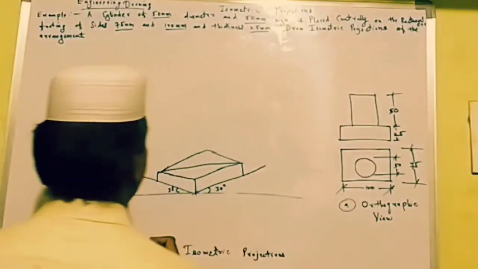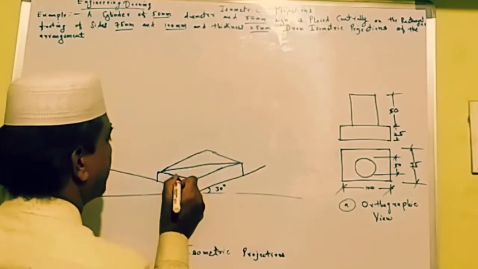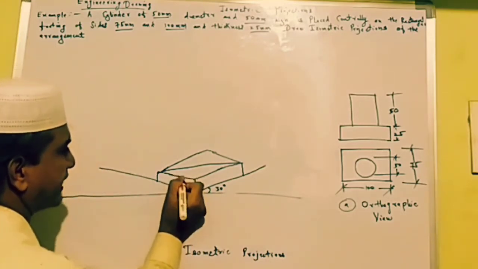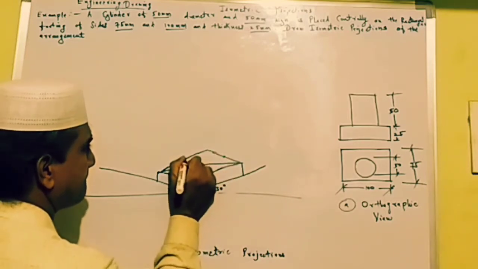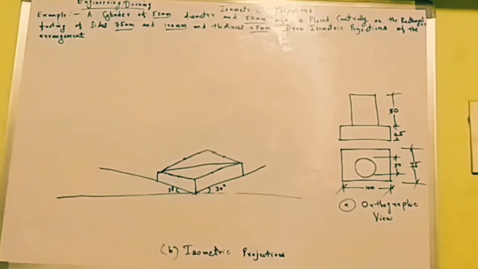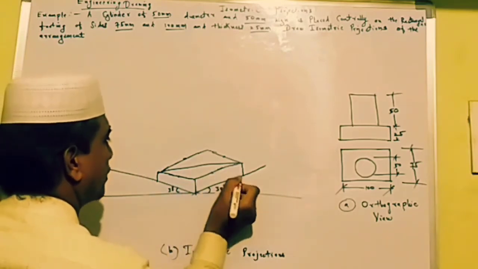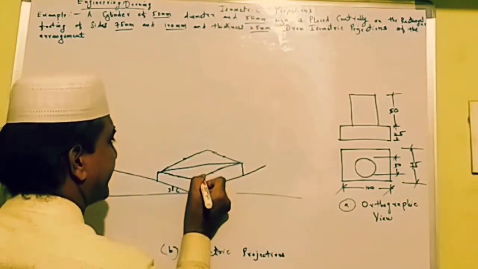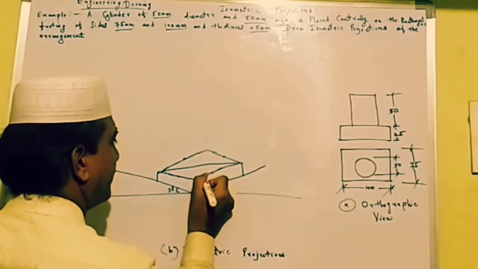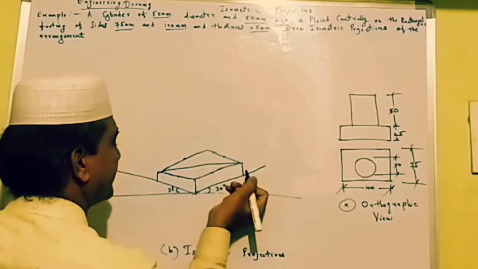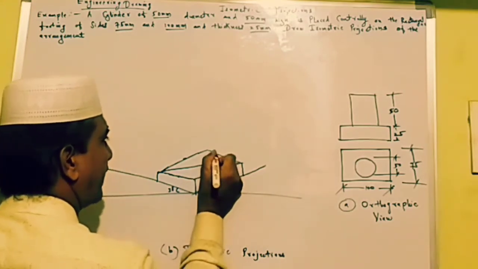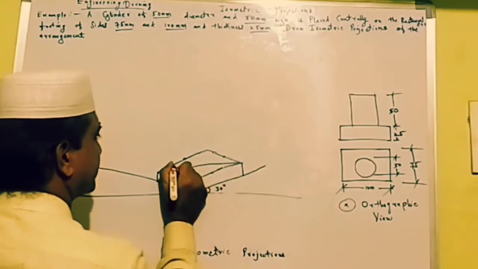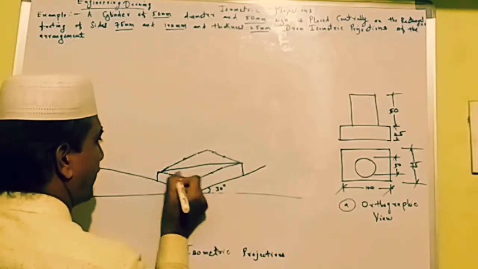First of all, we shall take the center of the right side. Now, we shall get parallel lines. On both sides of this center, we shall take 25 into 0.816, and on the other side of the center, 25 into 0.816.